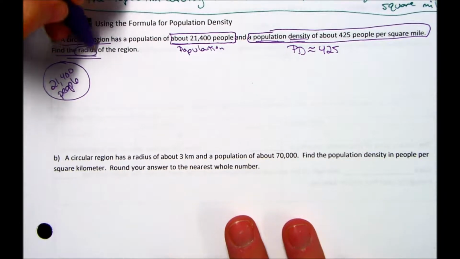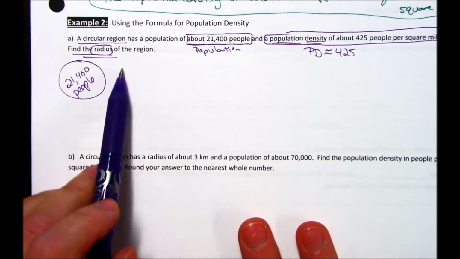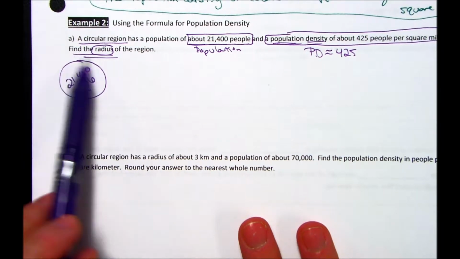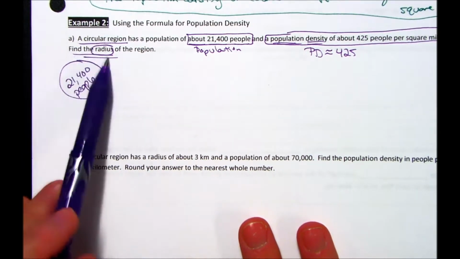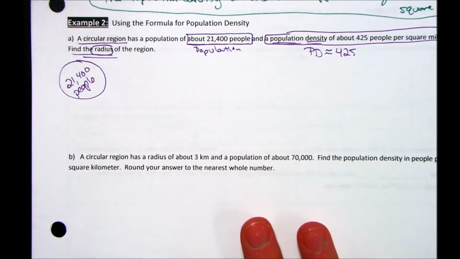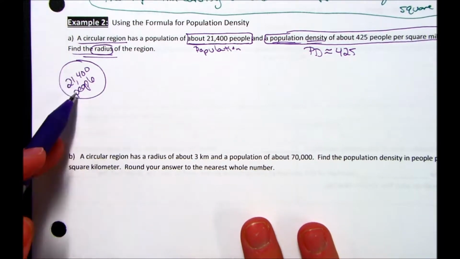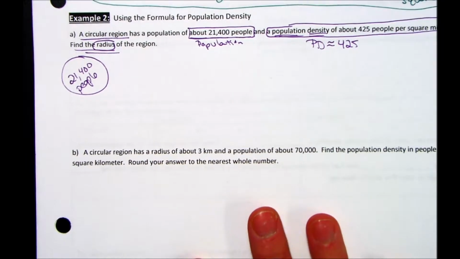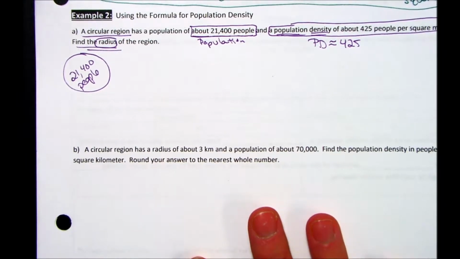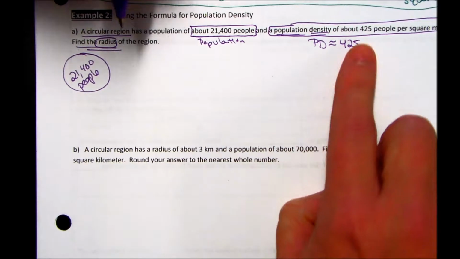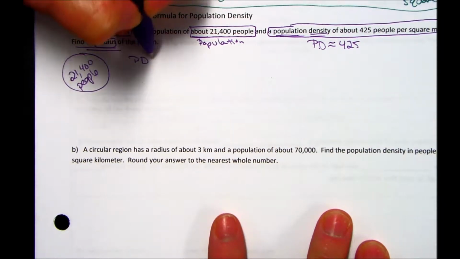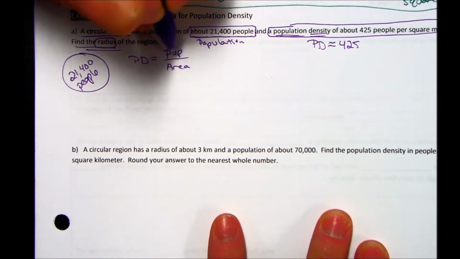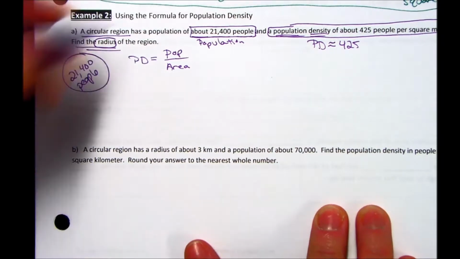So the radius is part of the formula for area. Well, since you're told that it's a circular region, you are going to have to use your circle formula. So there's a couple ways you can do this. You could use the population density formula and say, population density equals population over area. Again, the more you write it, the easier it will be to remember.